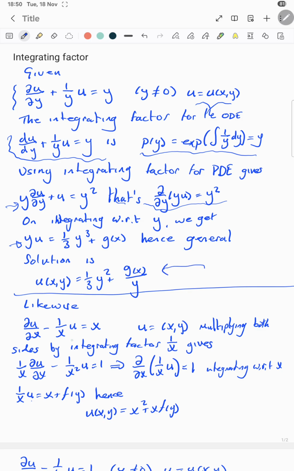And likewise we'll do it again with pretty much the same thing but with x's here. Our function is in terms of x and y.